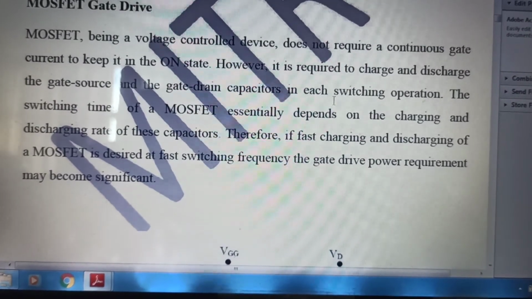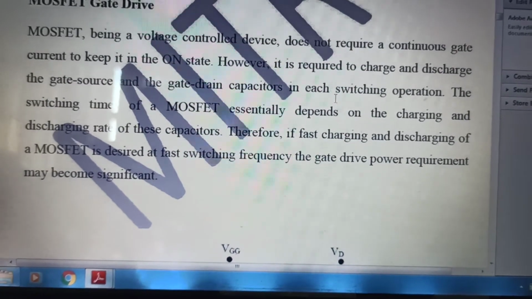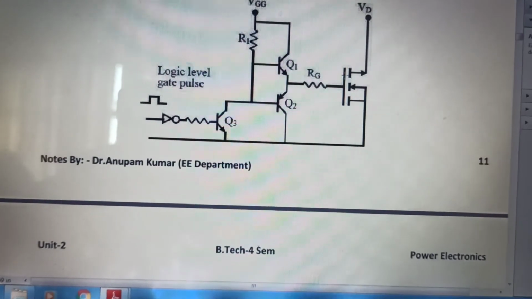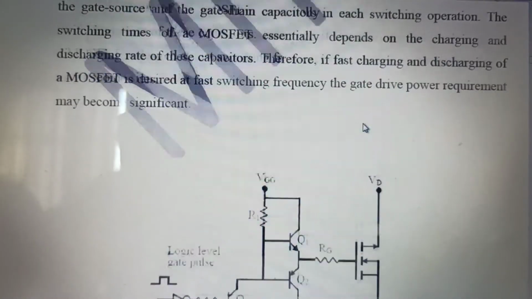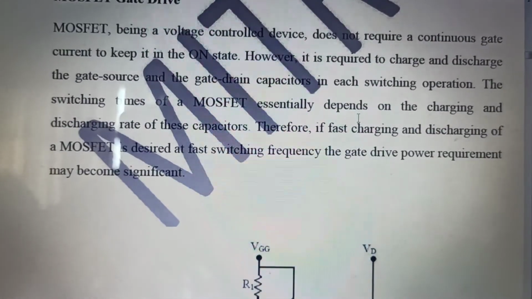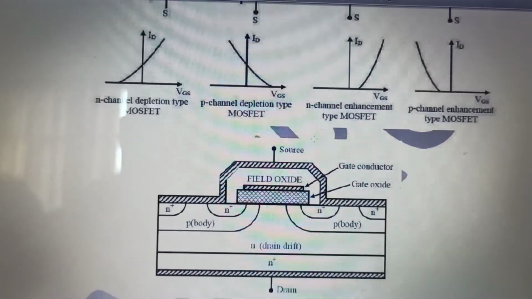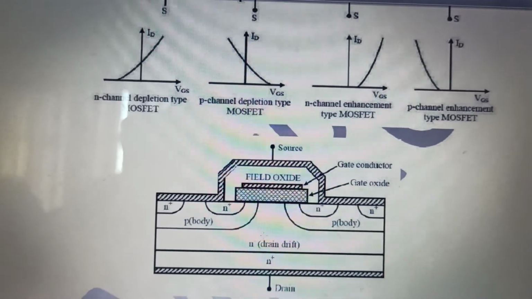The gate source and the gate drain capacitances are very important. Have a look at this: these are the two capacitances, the gate source and the gate drain.